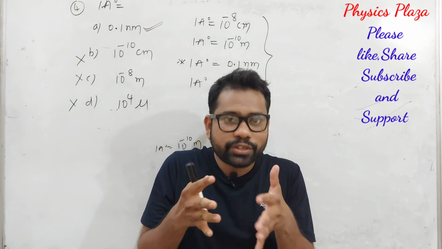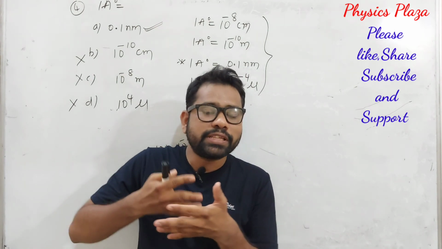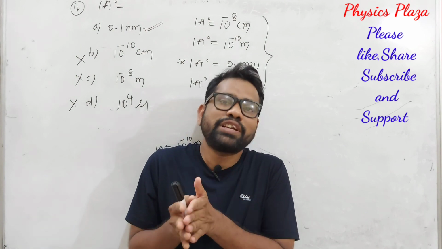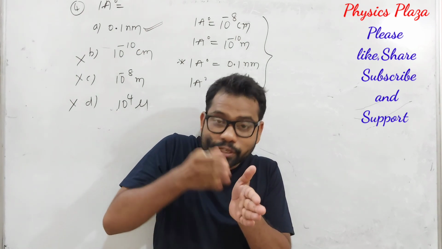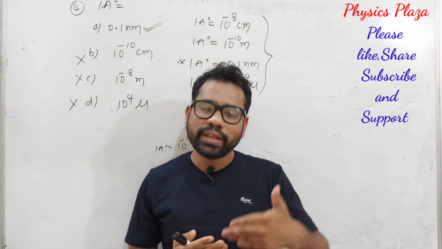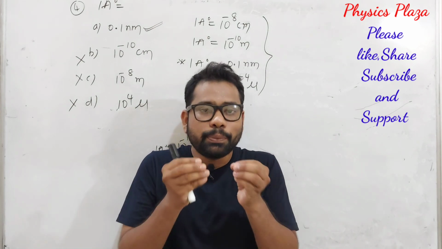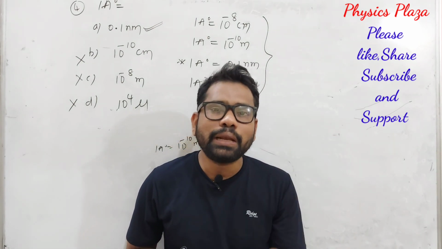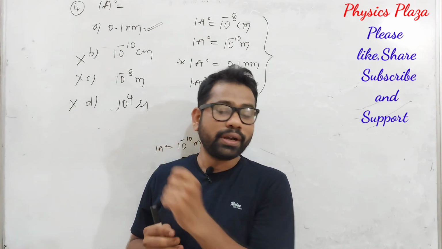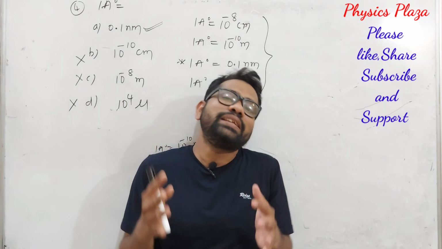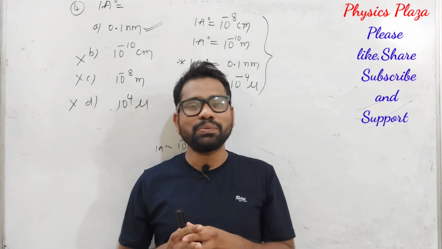What is a vernier calipers, what is a screw gauge, what is the difference between them, and how a screw gauge is better than a vernier calipers. Even from the practical point of view, vernier calipers and screw gauge are very important. These topics will be discussed in detail in the next classes. Thank you so much, all.